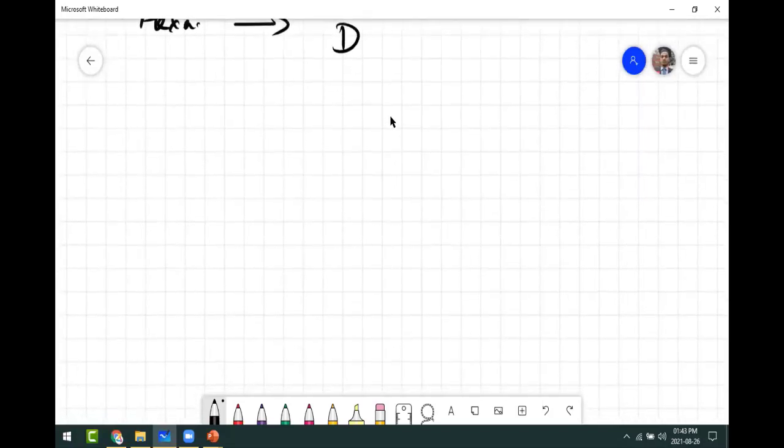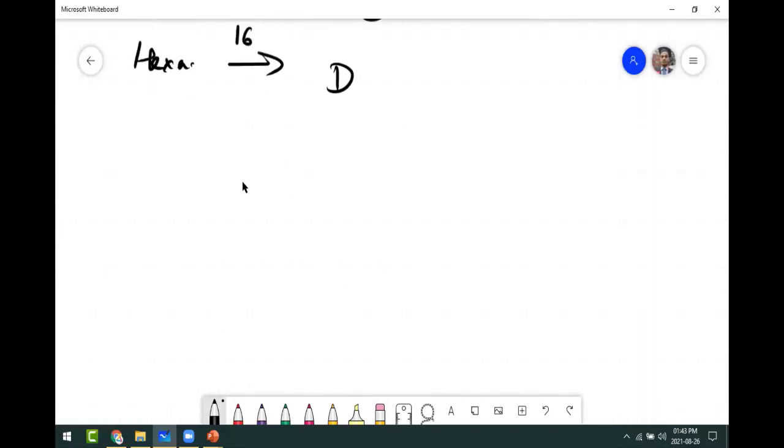Now the small question, right? Can you convert this to hexadecimal base 16? Can you quickly do this? We already did this, right? I want you to convert this 255 base 10 to base 16.